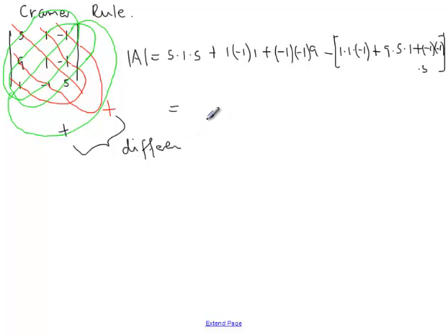No. 33, sorry. 33. Minus. This minus. What do I get here? 45. Is that right? Yes. 45. This is plus 1. 46. Minus 1. 45. 45. So 45 here.